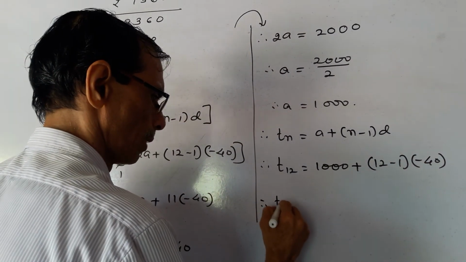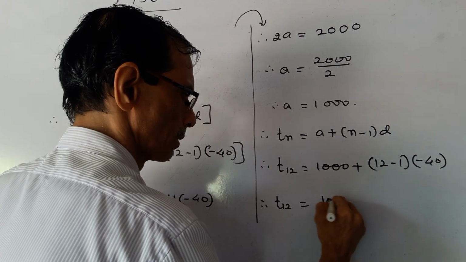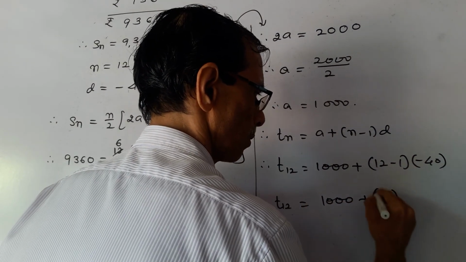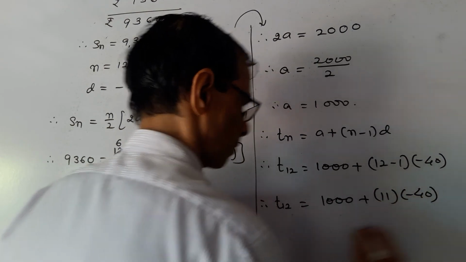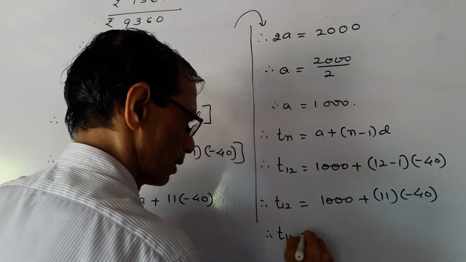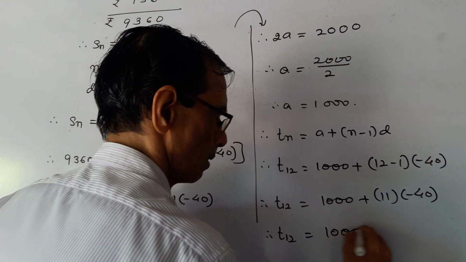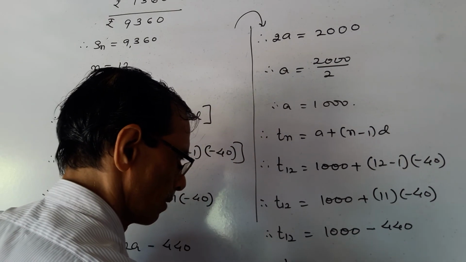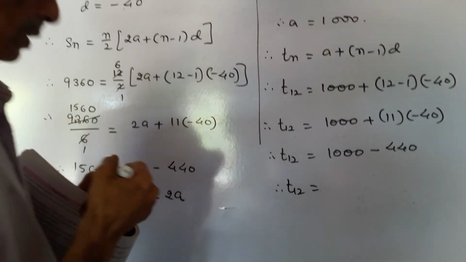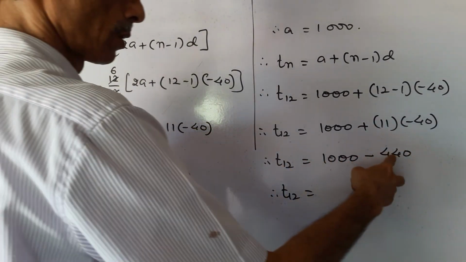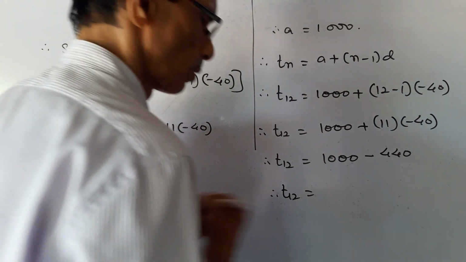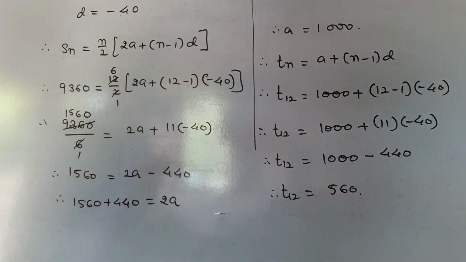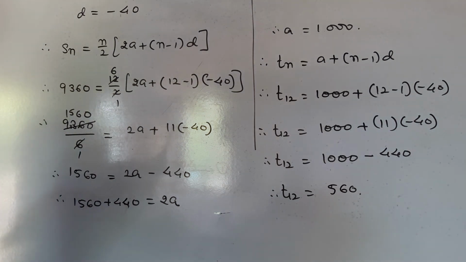And therefore T12 is equal to 1000 plus 11 into minus 40. And therefore T12 is equal to 1000 minus 440, which is 560.